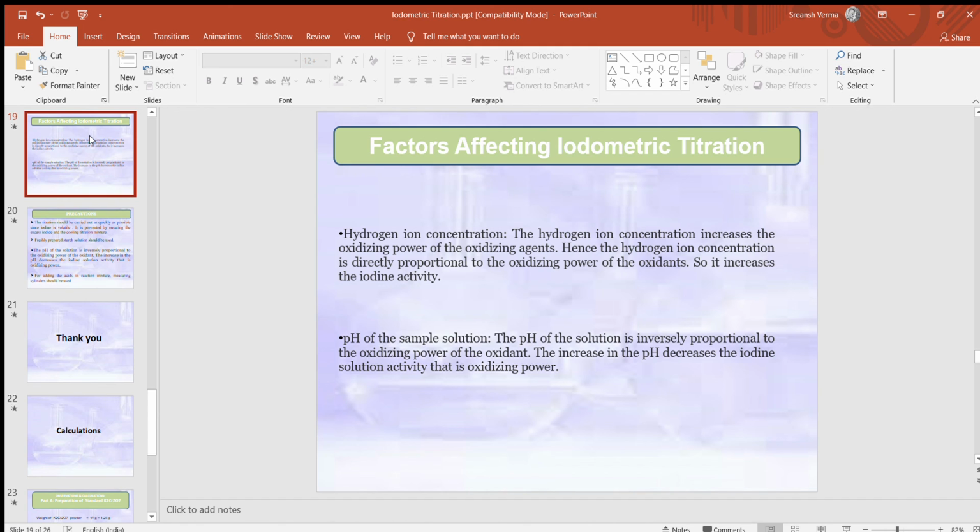Number two, the pH of the sample solution. Even though we have not maintained any pH over there, always remember the pH of the solution is inversely proportional to the oxidizing power of the oxidant. The increase in the pH decreases the iodine solution activity, that is, its oxidizing power. So these are the two factors which affect the iodometric titration.